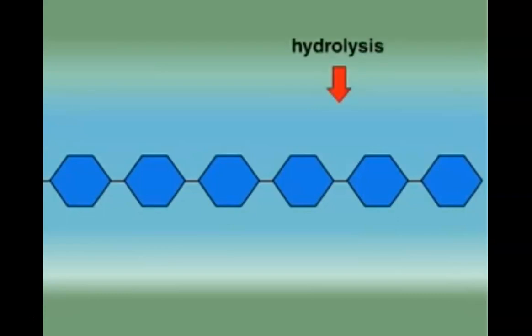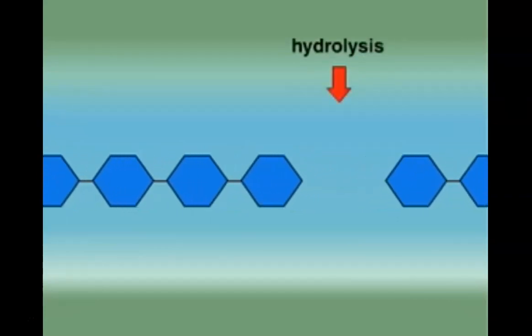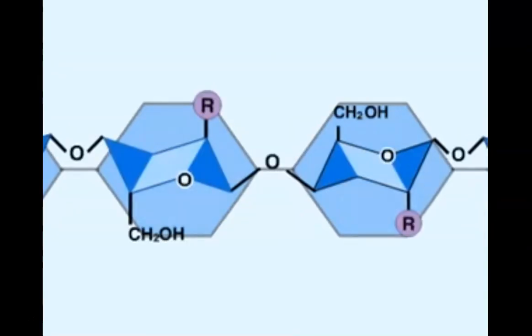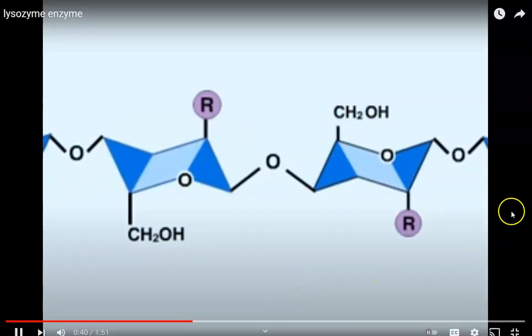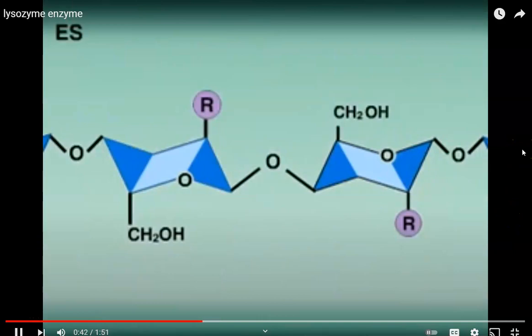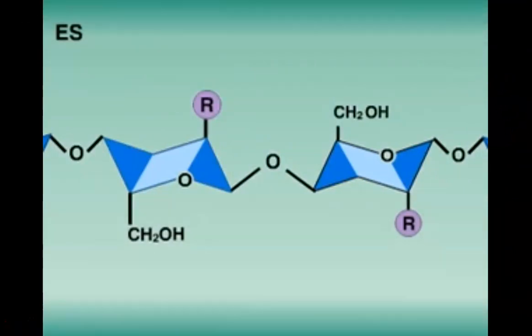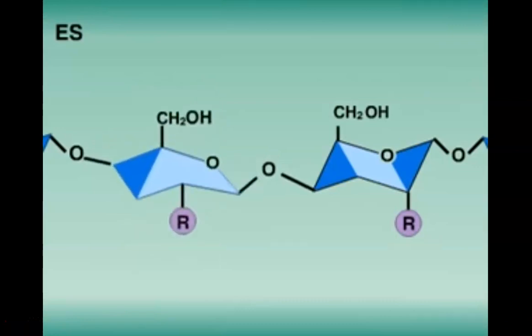The hydrolysis reaction occurs between residues. Looking at the details of the reaction in solution, the sugar residues adopt their most stable three-dimensional conformation. However, after the polysaccharide enters into the enzyme substrate complex, the enzyme forces the sugar shown on the left into a strained conformation that more closely resembles the transition state of the reaction.